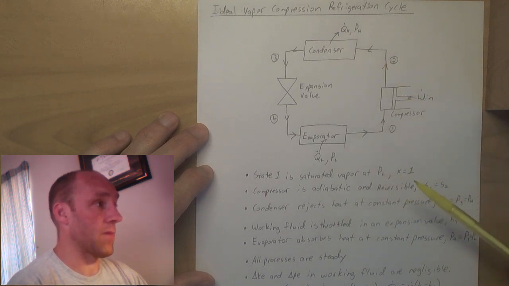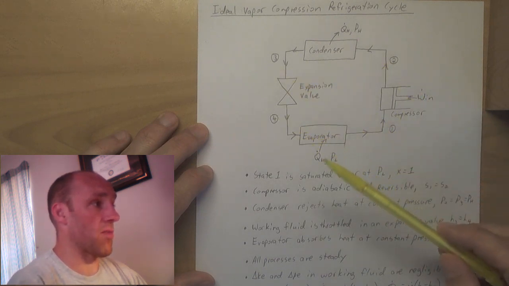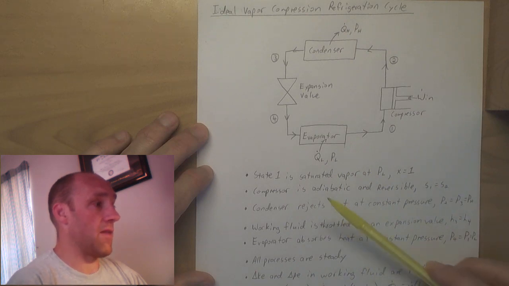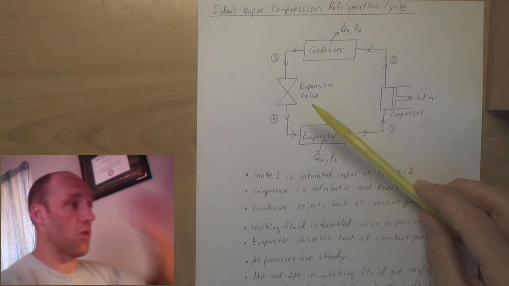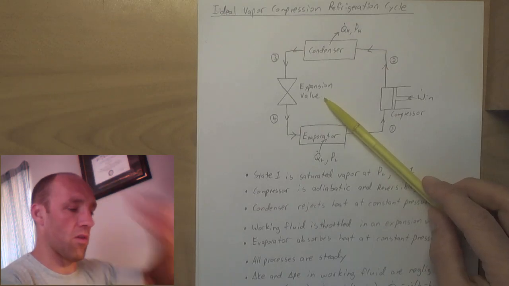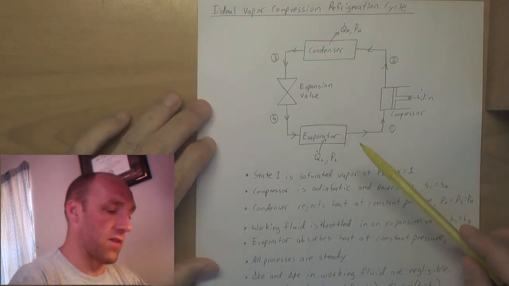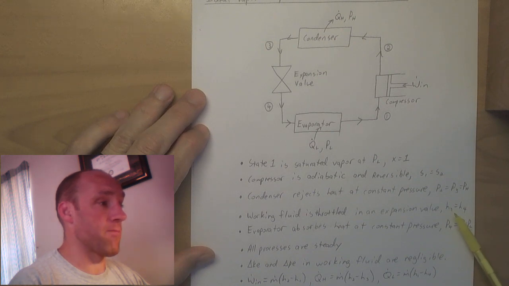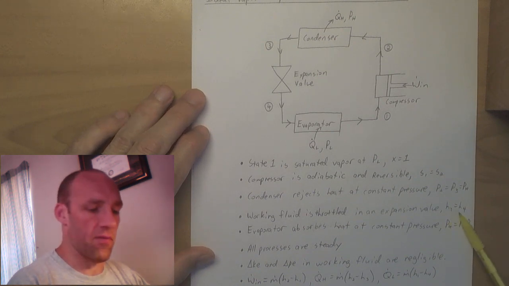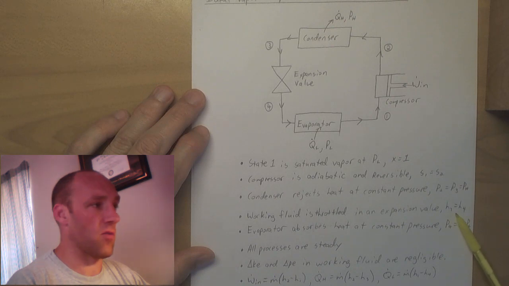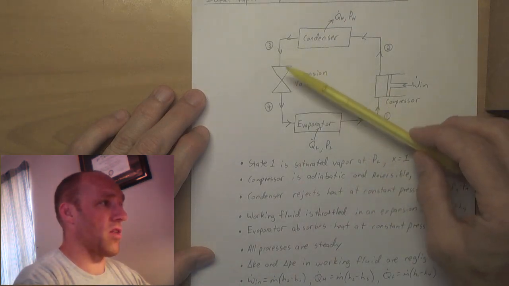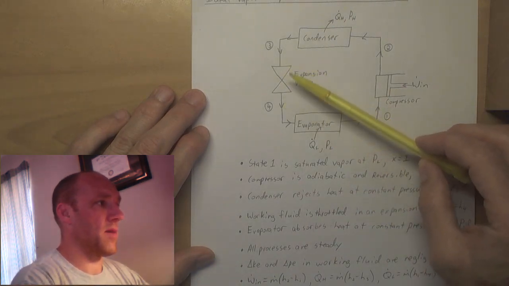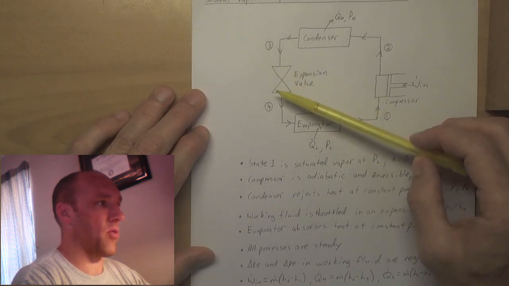Okay. Then it gets processed through an expansion valve. And if you remember, under the typical assumptions inside of an expansion valve, the energy balance just simplifies to the fact that the enthalpies remain constant. So this is a really simple situation because enthalpy does not change from state 3 to state 4.